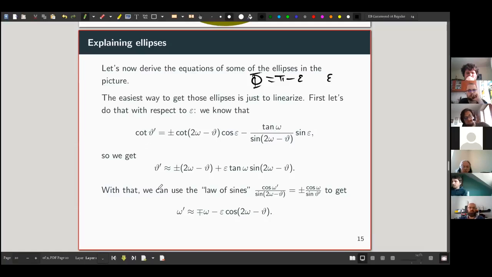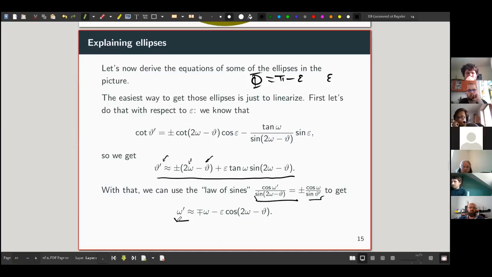So when we linearize this one, we get such a nice relationship for the new theta and the old parameters. And when we have this, we can use the law of sines, so-called, to obtain this kind of linearization for the omega. And it's not really hard, but you could see this, for instance, by realizing that the cotangent of x plus some h is cotangent x minus 1 over sine squared x times h.